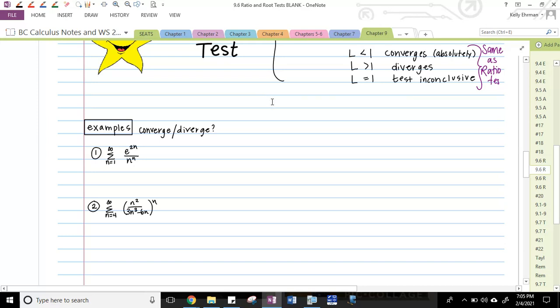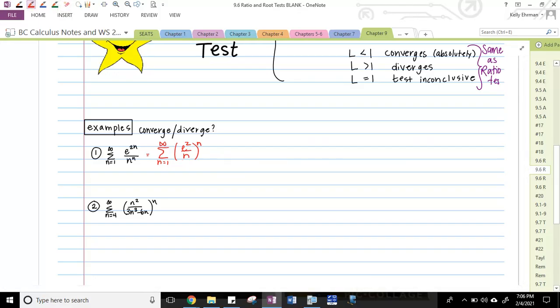So let's look at this example. It's e to the 2n over n to the n. So first of all, let's rewrite it. So we have something to the n power, a single thing to the n. That would be e squared over n, all raised to the n power. All right, so if we do that, I can't say geometric because remember, true geometric series do not have variables in them. So I shouldn't have put equals there, sorry.